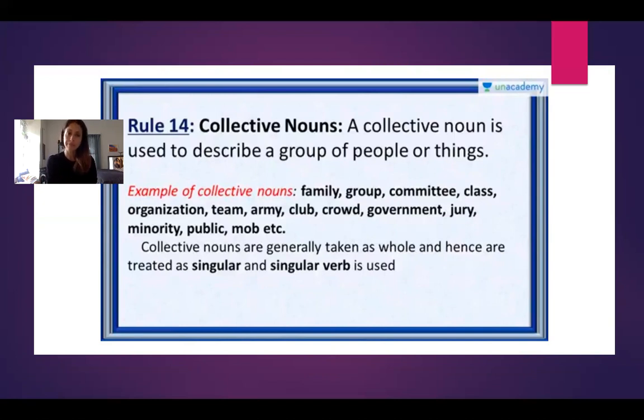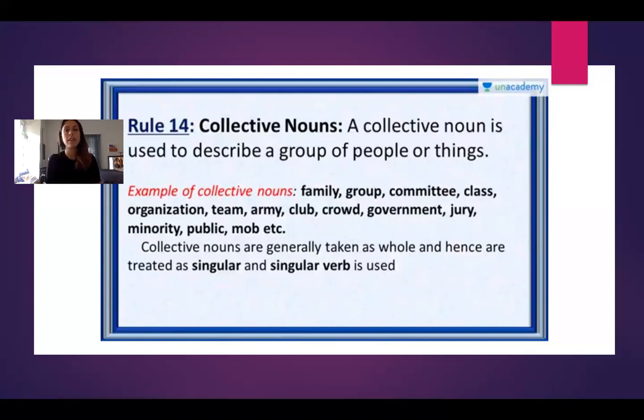So, for example, if we said family, you'd say, my family is from Mexico. Okay, you think, that's interesting, because family represents multiple people, but we still use the singular is, because family is a unit. It doesn't talk about every single family member.